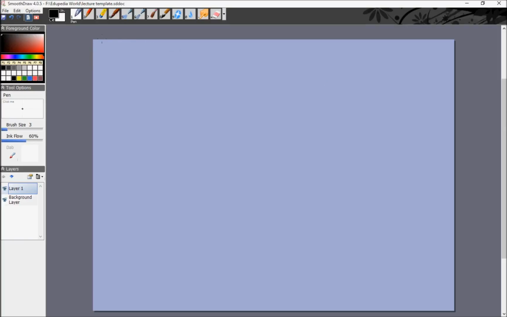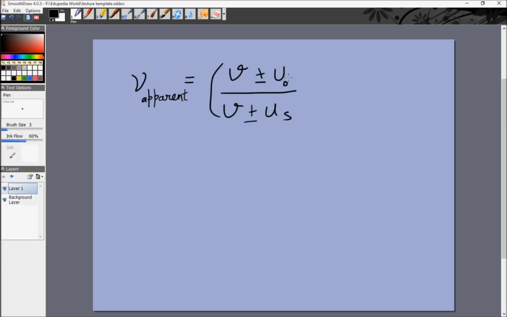Right? So the Doppler effect says that mu apparent is equal to (V plus or minus U naught) by (V plus or minus US) times mu naught. Mu apparent is obvious, it is the apparent frequency. Mu naught is the original frequency.